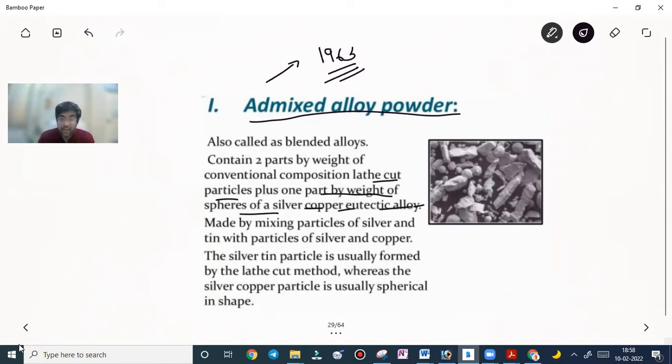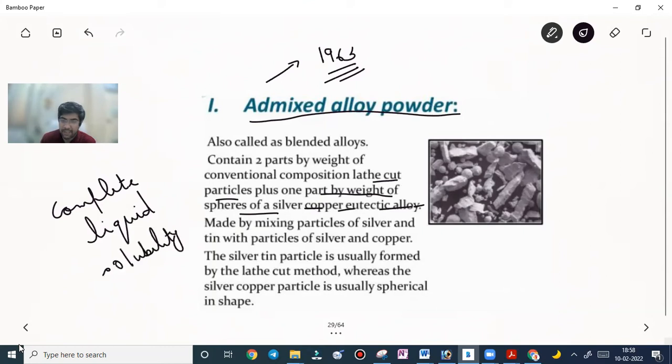A eutectic alloy is one in which the components exhibit complete liquid solubility but a limited solid solubility. The amalgam made from the mixed powder will be stronger than that made from the lathe cut low copper powder.